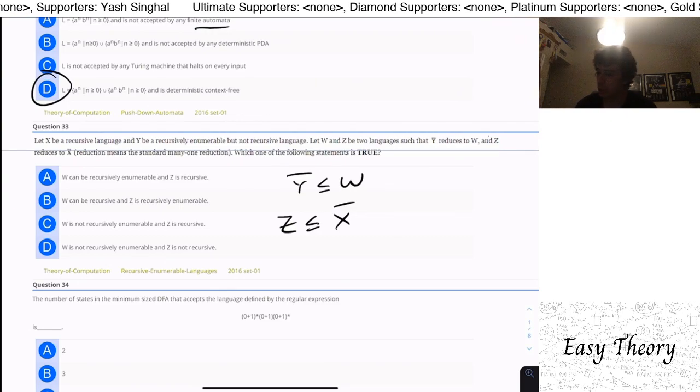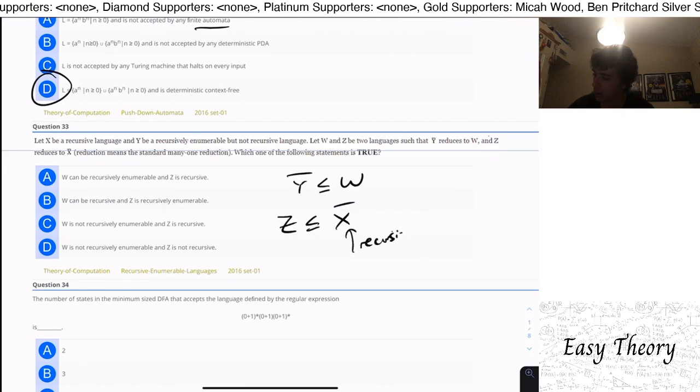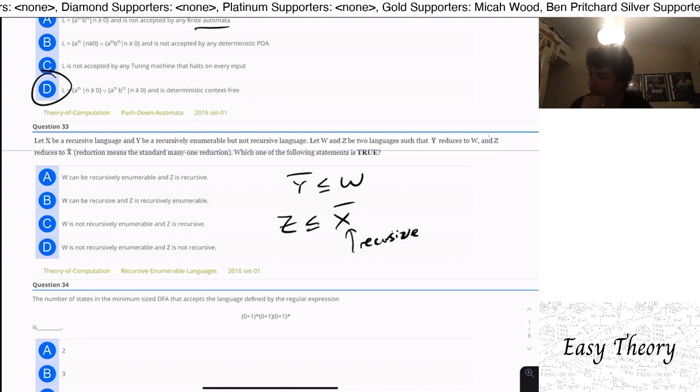Which of the following is true? So X bar must be recursive because of closure under complement. Y can be anything. So I don't think that implies anything about W.